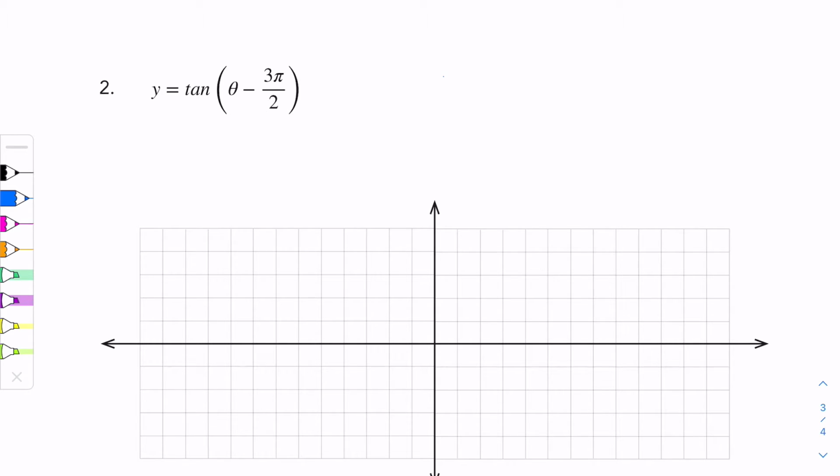For this function here, we have the period at pi over b, or pi over 1, so it's just pi. That means your first intercept is going to be at pi. It also means a cycle is going to take between 0 and pi. In order to find the increments that I need to increase or decrease by, I divide that number by 2, telling me that I'm increasing and decreasing on my graph by pi over 2.